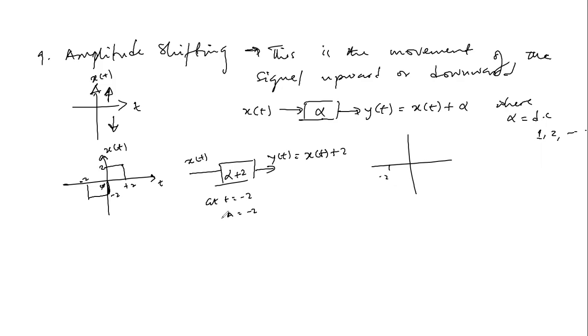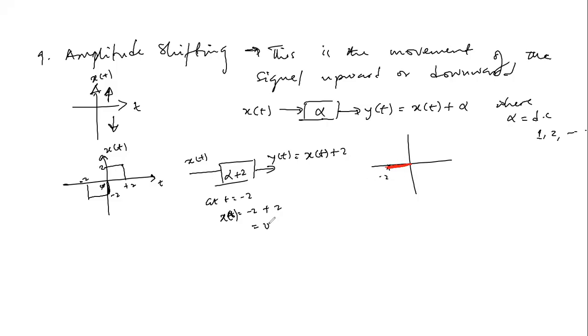Here we're going to add 2 to it, S of t plus 2, which is equal to 0. So it means at t equal to -2, the amplitude is 0.